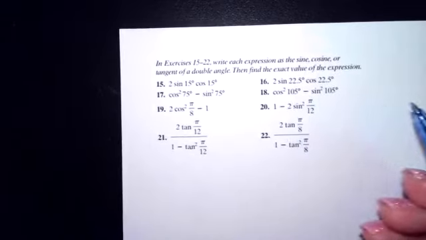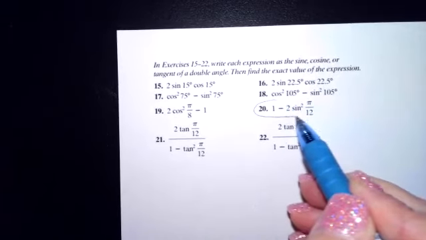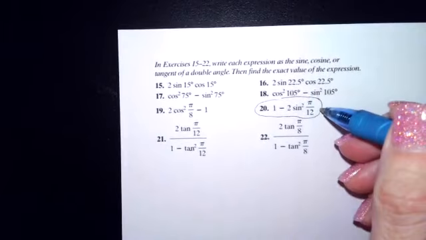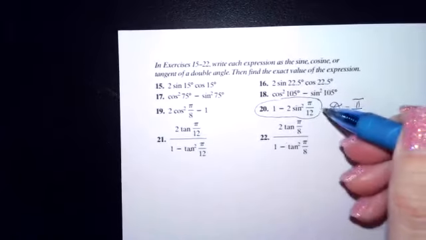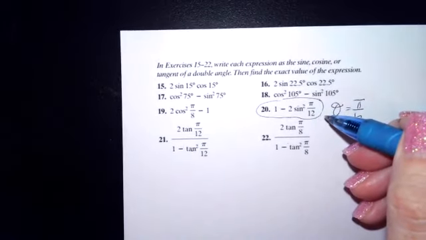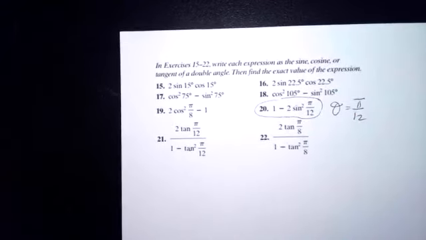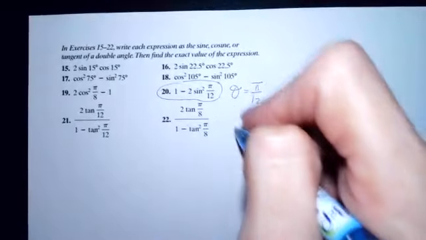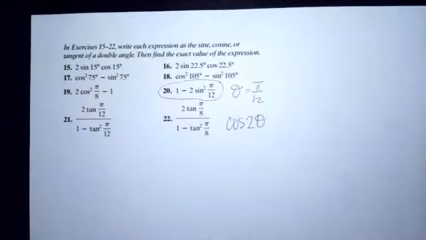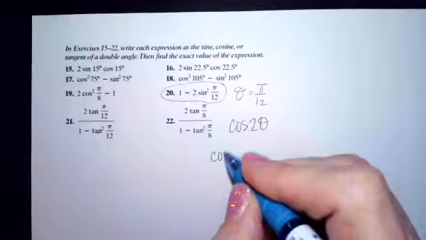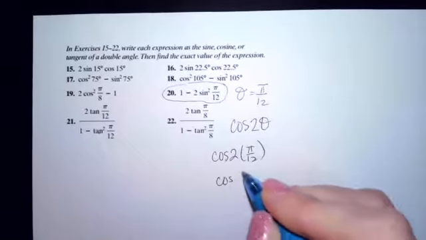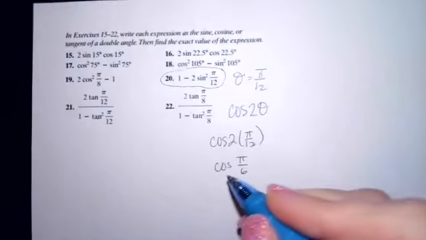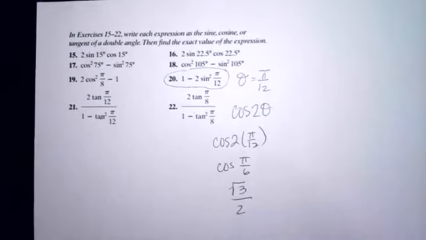So for this one, my theta is pi over 12. And then 1 minus 2 sine squared pi over 12 tells me to use cosine double angle. So then that's cosine 2 times pi over 12, which is going to be cosine of pi over 6. And cosine of pi over 6 is just root 3 over 2.